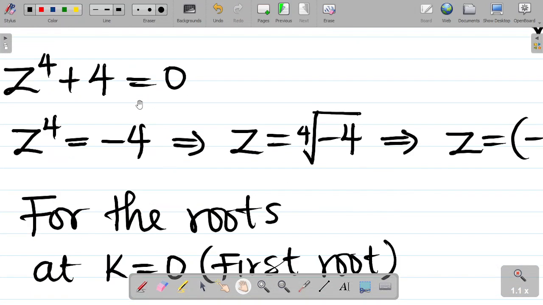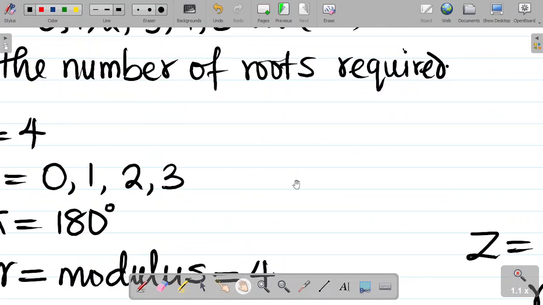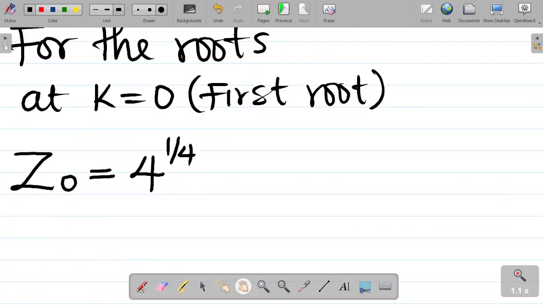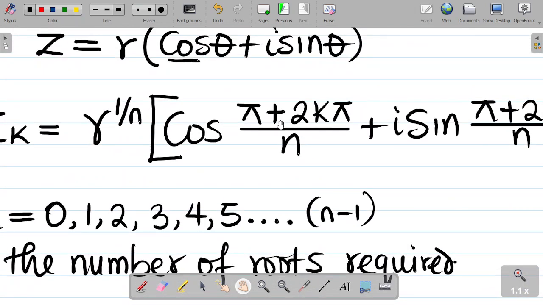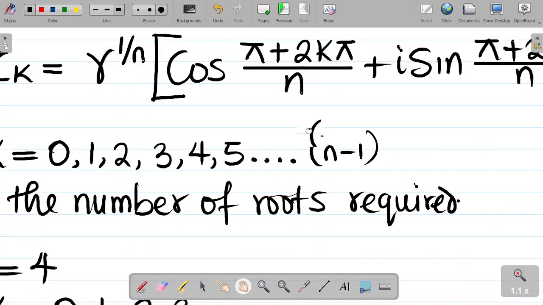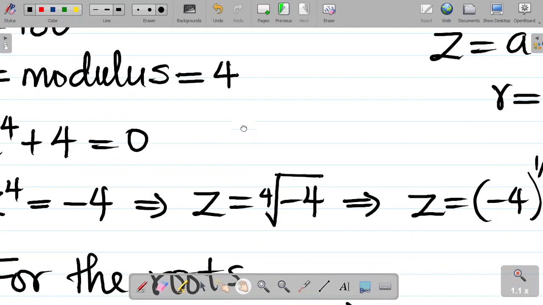What's next in there? The next thing you have there is cos of this. So you open a round bracket. So you have cosine of what exactly? It becomes cos of (pi plus 2k pi) all over n. K in this case is equal to 0, and n is 4. So let's put that there.